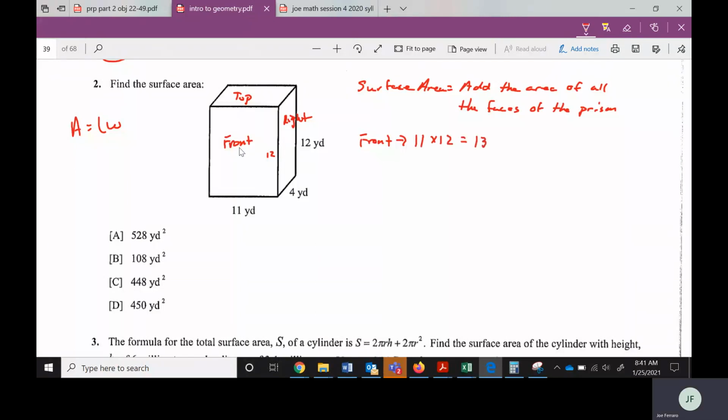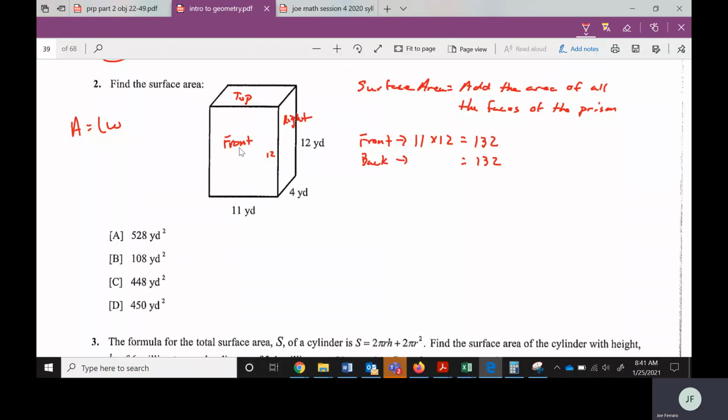And that equals 132. Okay. So now, before I move on to the right or the top, I'm just going to say, well, if I have the front, if I want to find the back, you think of a box, the front and the back are exactly the same when you have rectangle sides on all of them. So the back is also 132.